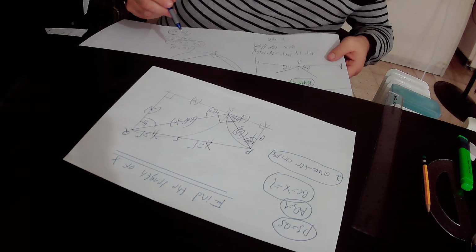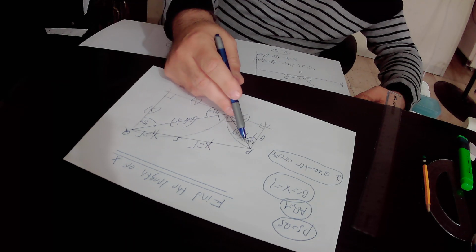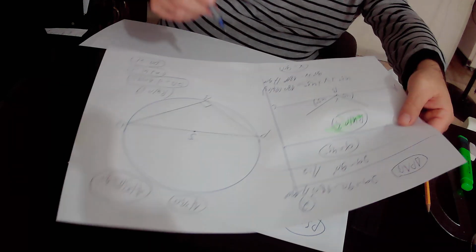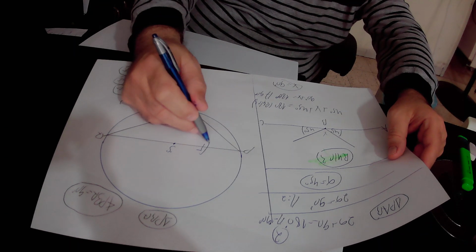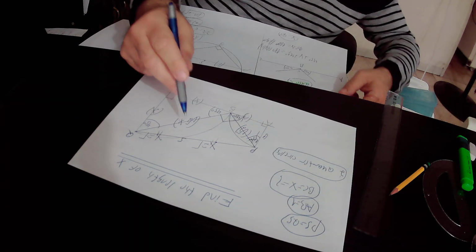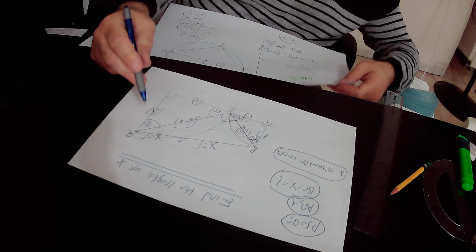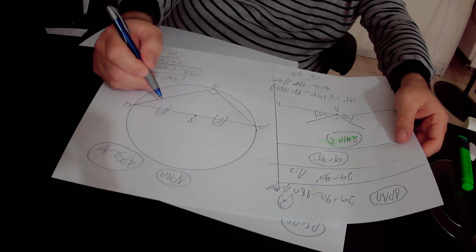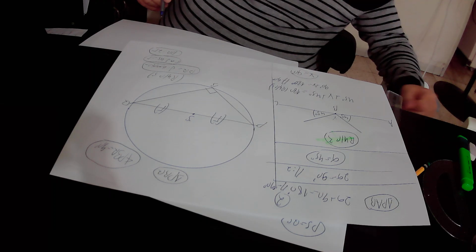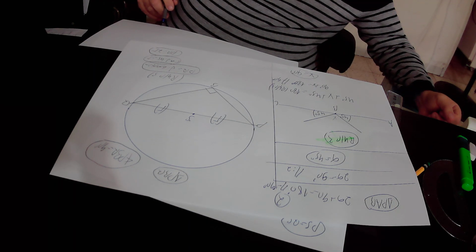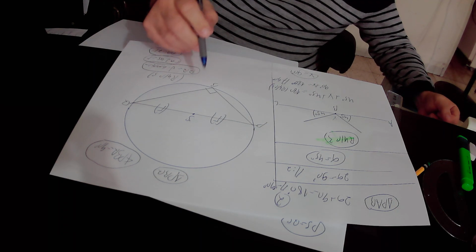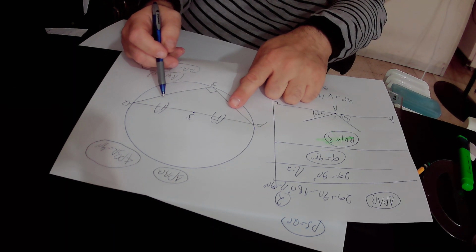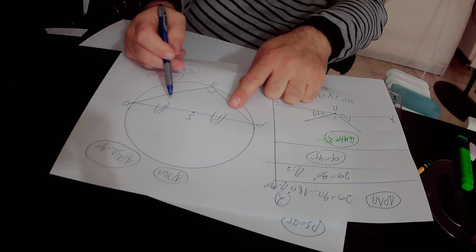So we just found out that PS equals R, and SQ also equals R. So actually at point S, those two radii of this circle touch each other.